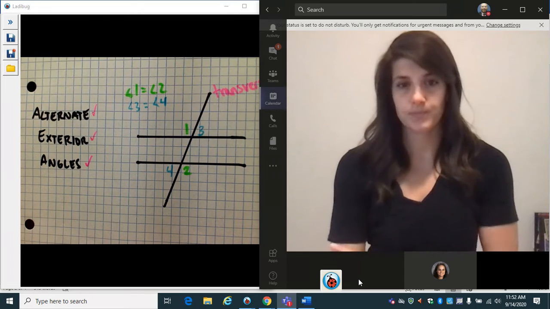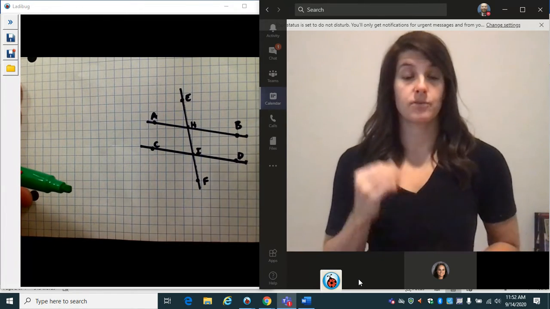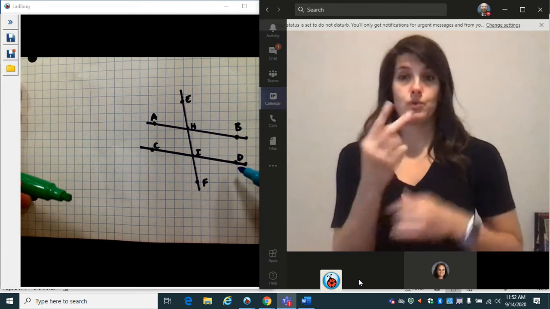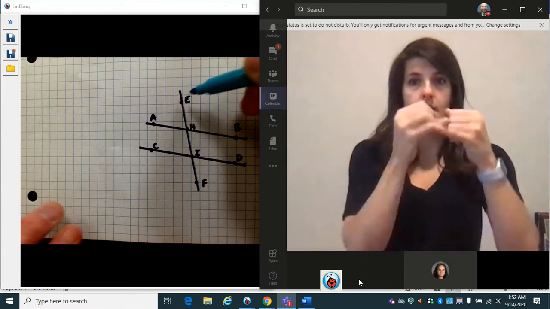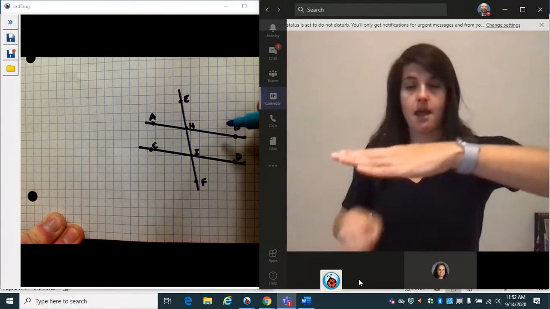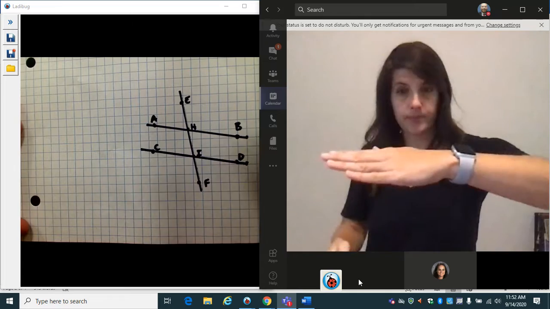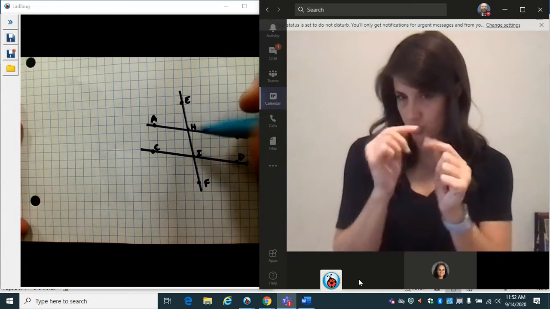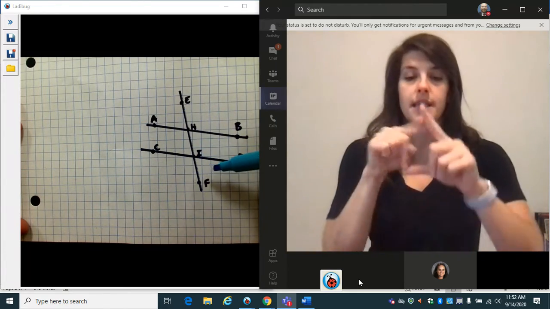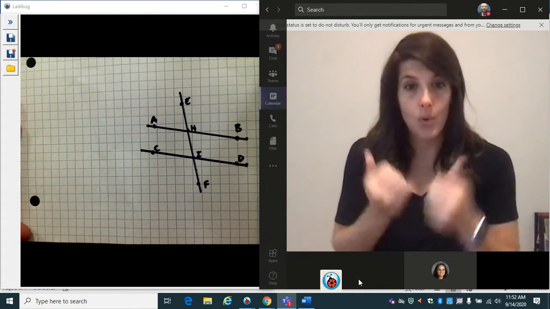So let's look at an example. Here, we have two parallel lines, AB and CD, that has a transversal line EF cutting through it. So based on our knowledge of alternate exterior angles, we're going to look at the angles on the outside of our parallel lines. We know we should be able to figure out which angles are the same and the measurement of them.